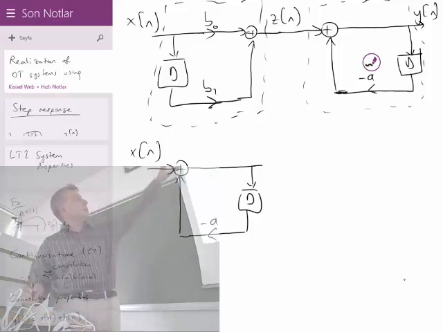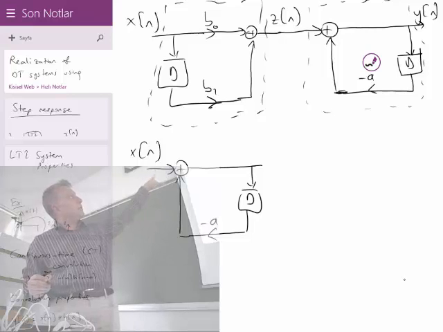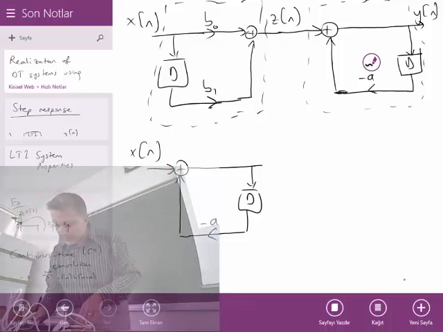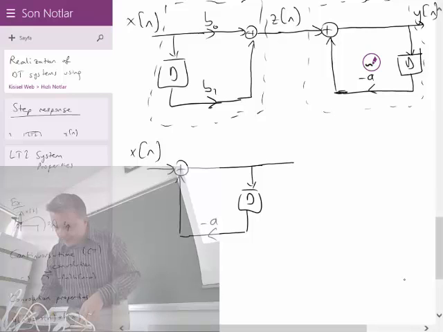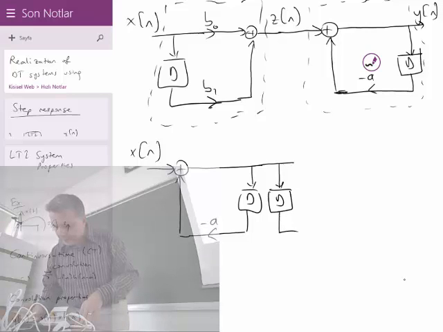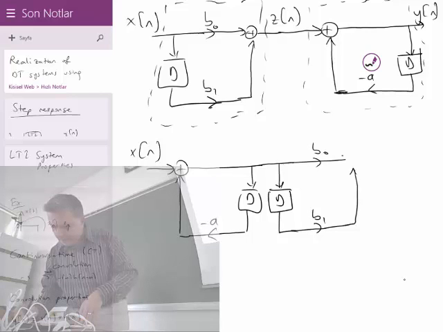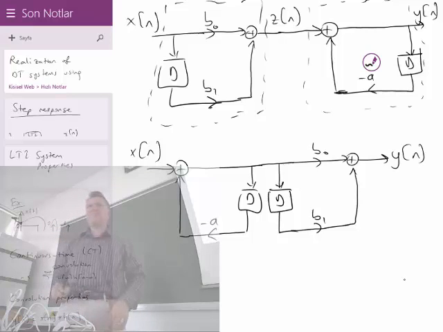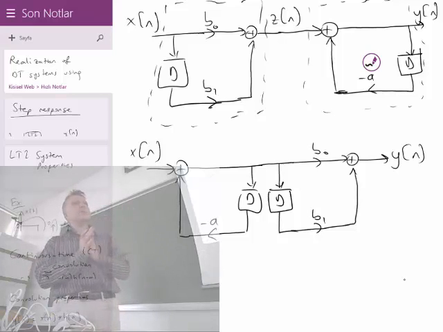So the right-hand side block is now drawn at the left-hand side, and then I'll draw the left-hand side block at the right, which is like this. B0, B1, combined. Now I know that the output is Y of n, because that's the eventual output. I just interchange the places of these two.